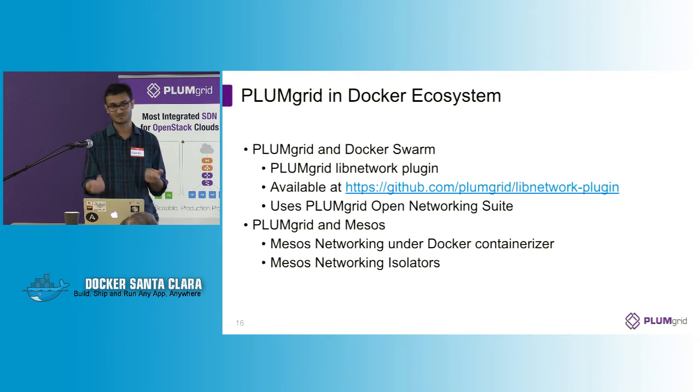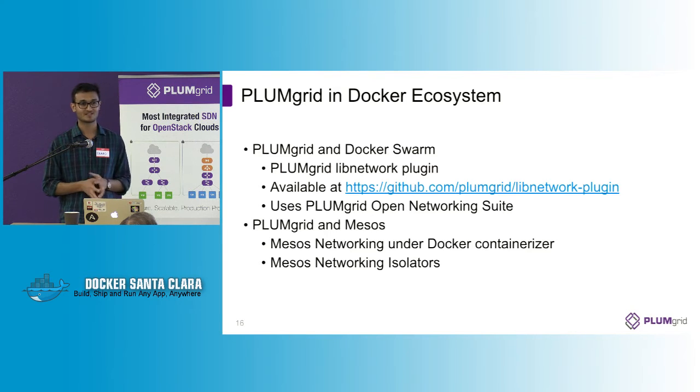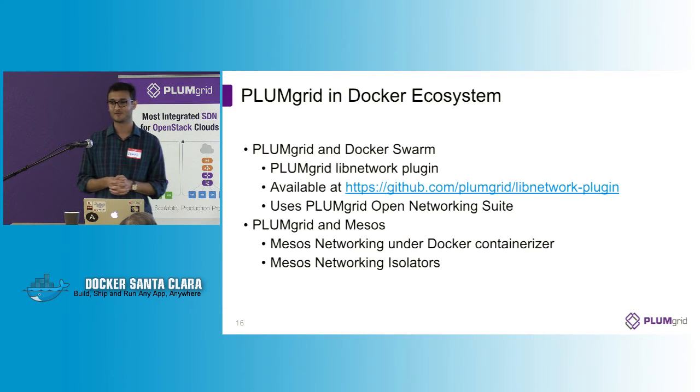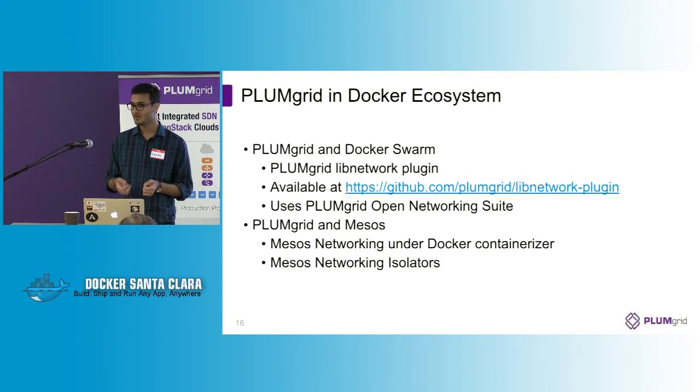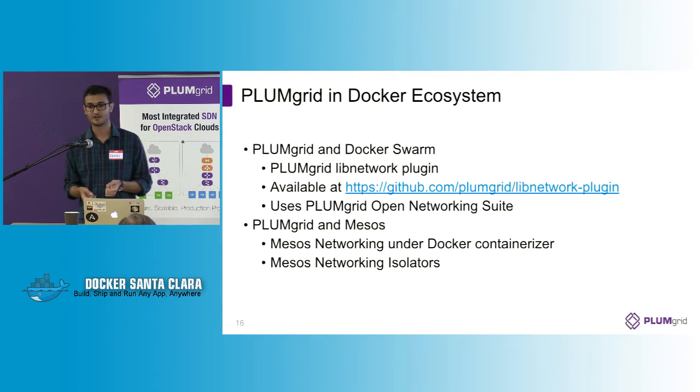It offers multitenancy, policies, and access to additional advanced networking features and functionalities. Then PLUMgrid Mesos. PLUMgrid integrates with Mesos in two ways. You could integrate PLUMgrid with Mesos using Docker containerizers. Or, through the work going on in the community on network isolators, PLUMgrid is also involved, and can provision networks using PLUMgrid ONS in the Mesos space.